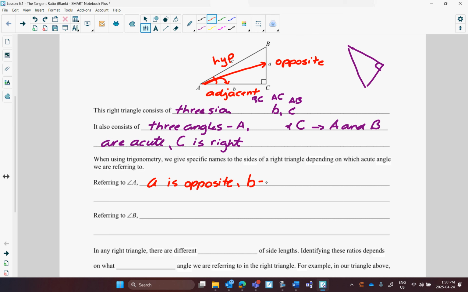Little b is adjacent. And little c is the hypotenuse. Okay.